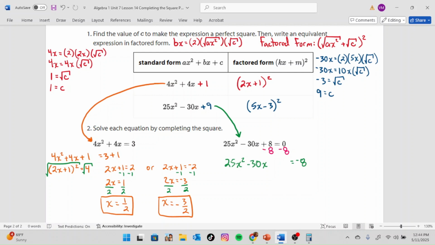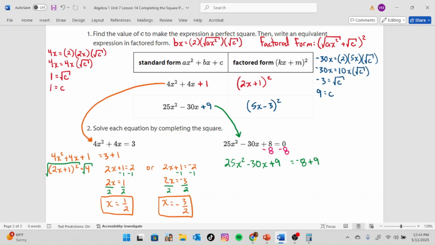Now, to complete the square, we set up here on this bottom row of the table that we needed to add 9. If we add 9 on the left, we have to add 9 on the right.